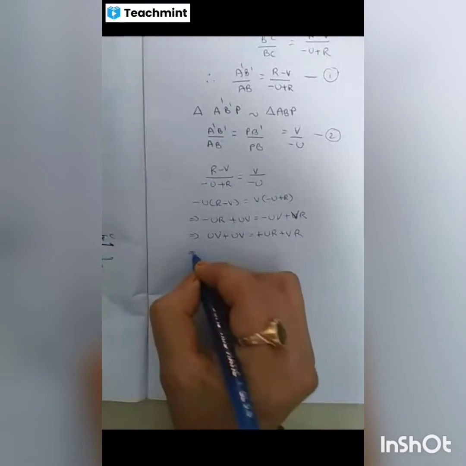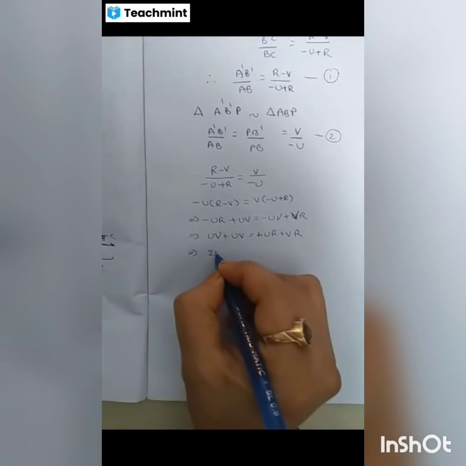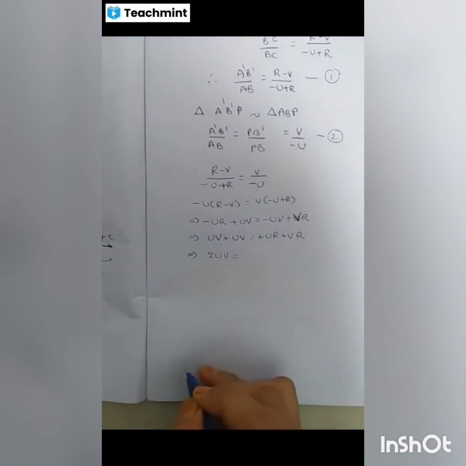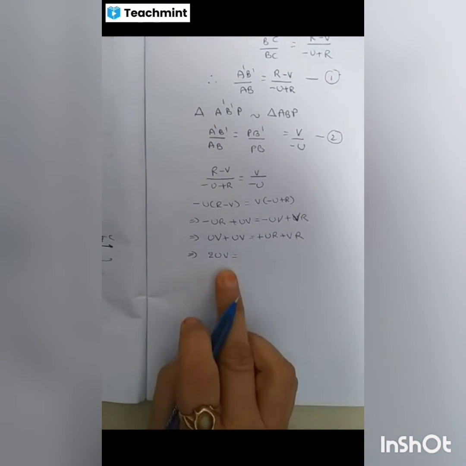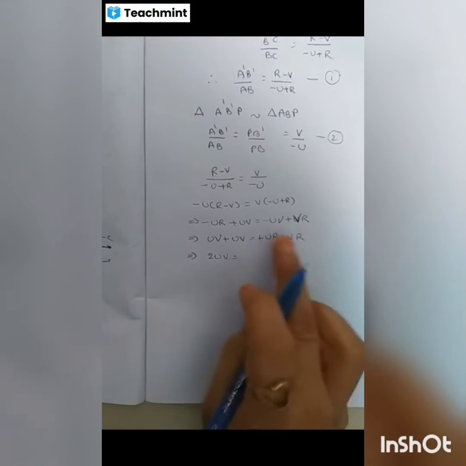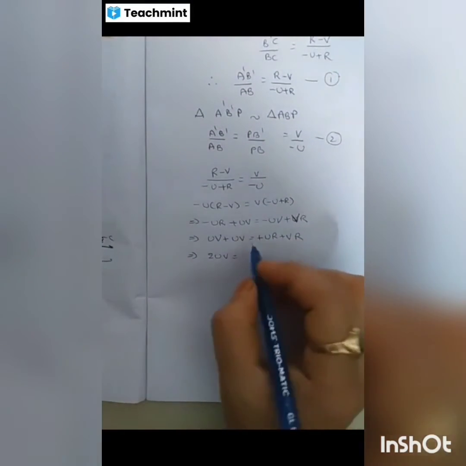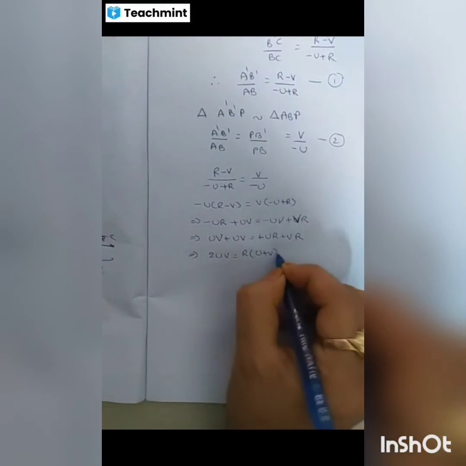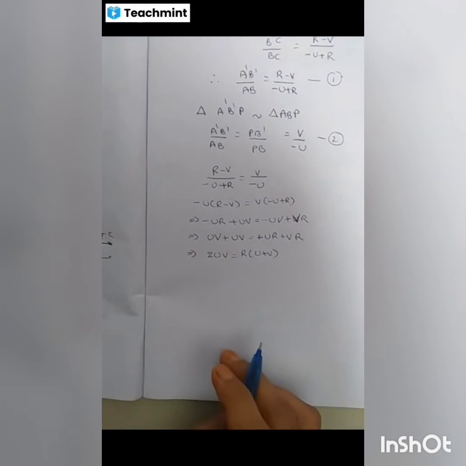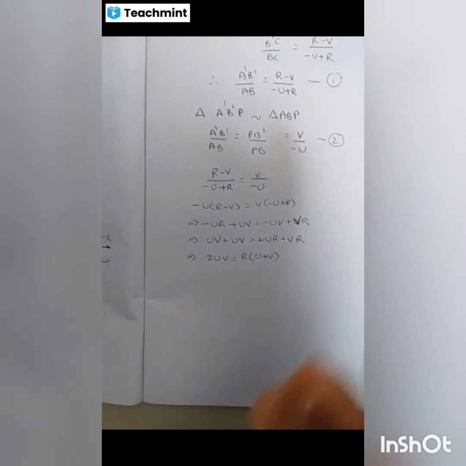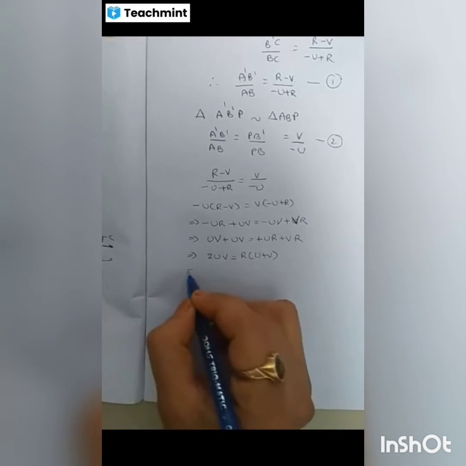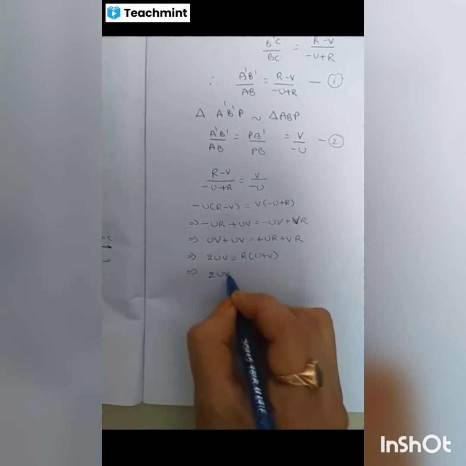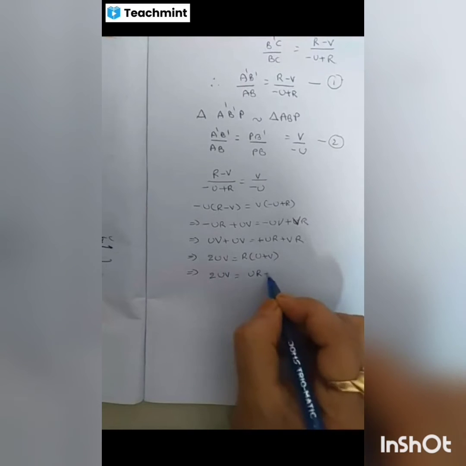Next step, what we get? 2UV is equal to, UV plus UV is 2UV. R is common here. What we get is U plus V. Or we can just write like this also: 2UV is equal to UR plus VR.